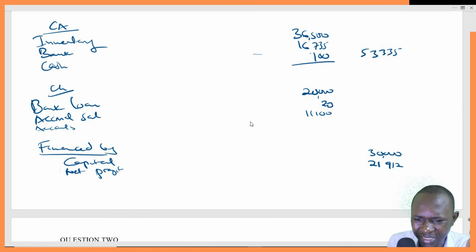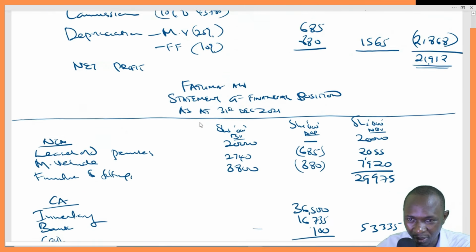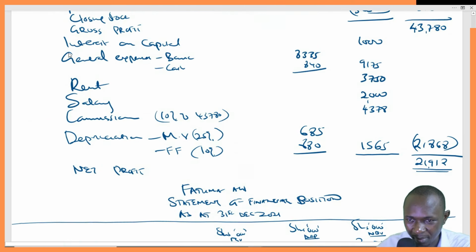So what is this? Commission, outstanding commission. We'll call it outstanding commission. How much was it? It was here. We are putting it in the balance sheet because it was not paid. 43.78.